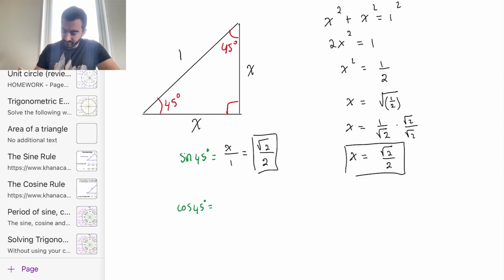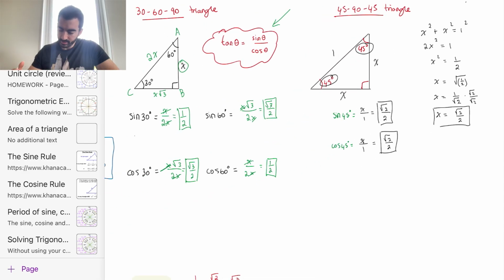The cosine of 45, which is adjacent over hypotenuse, again, it doesn't matter which angle of 45 you use, you're going to get the same result. So it's going to be again x over 1, which is root 2 over 2.